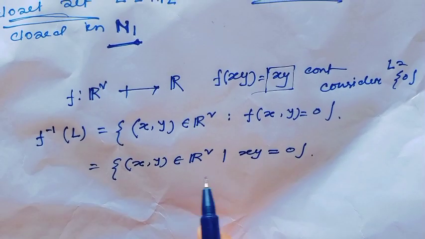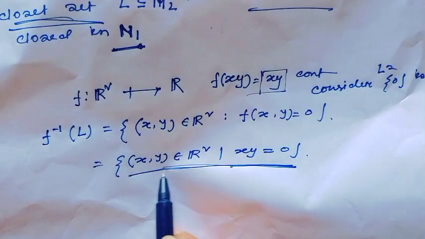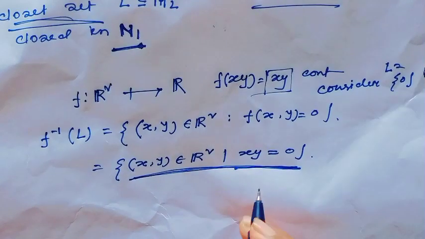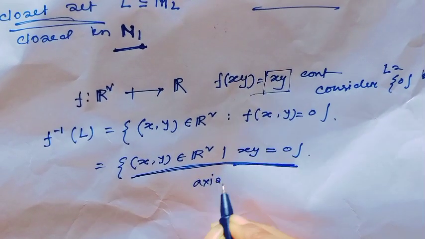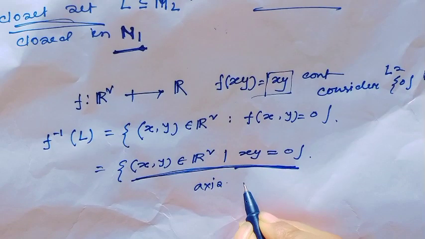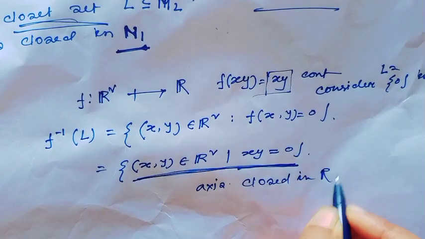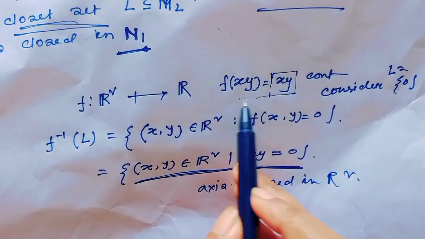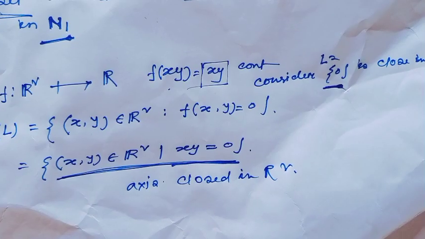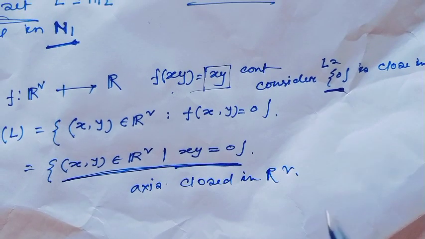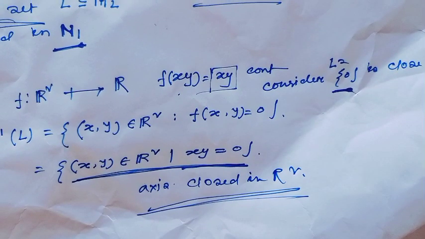This is the set of (x, y) in R² such that xy equals 0, which is actually the axes. And the axes are always closed in R². So f(x, y) equals xy is continuous on R² because the inverse image of a closed set is closed in R².